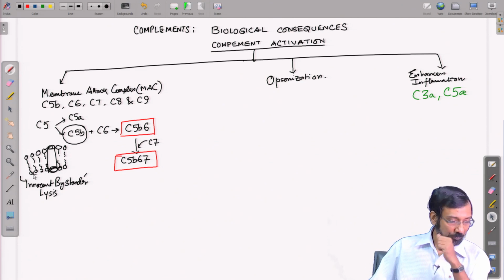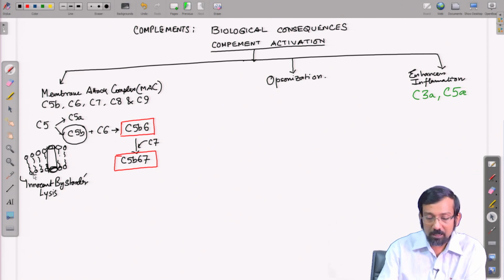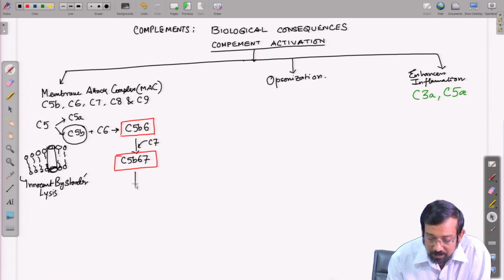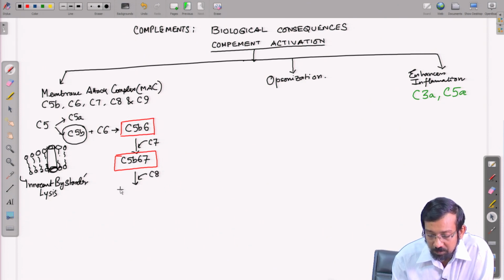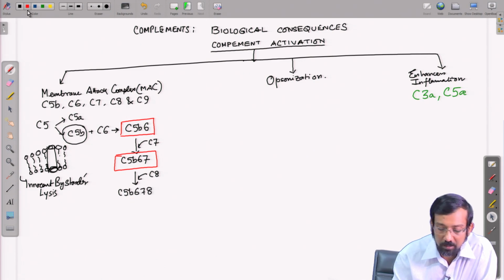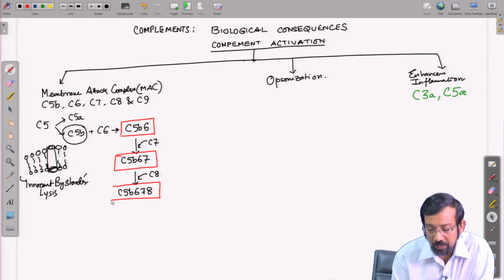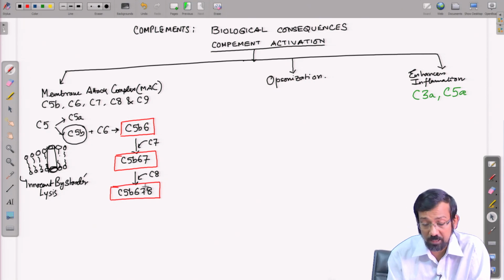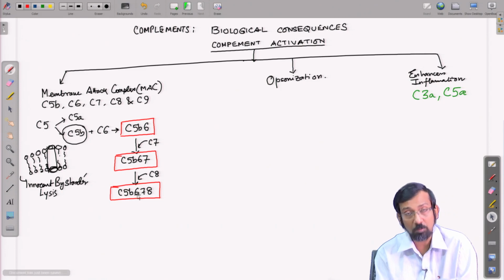Now, the next step is, once this C5b6-7 is formed, the next complement protein, C8, immediately binds. The C5b6-7-8 complex is formed, and again this complex undergoes a similar conformational change. So, the C8 is the outermost part.